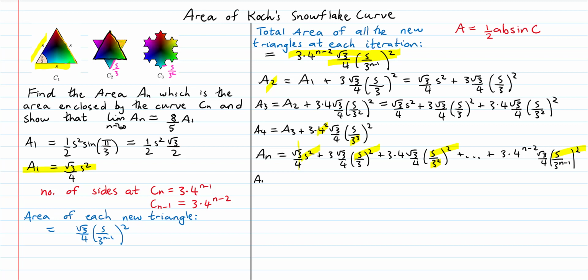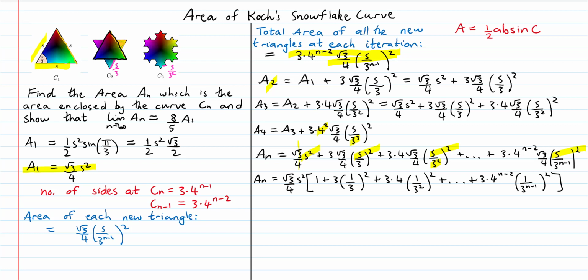So we have then that A_n is equal to root 3 over 4 times s squared, and then in brackets we're going to have 1 plus 3 times 1 over 3 all squared, and then plus 3 times 4 times 1 over 3 squared all squared, and we're going to continue on, and then we get to plus 3 times 4 to the power of n minus 2 times 1 over 3 to the power of n minus 1 all squared.